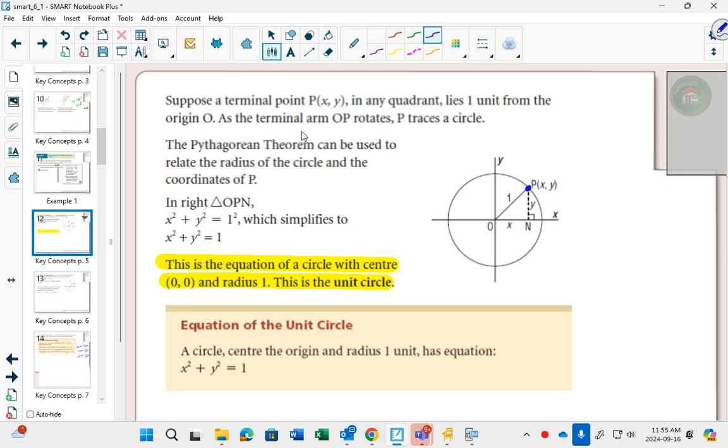If I take that point and I make a triangle back to the nearest x-axis with my reference angle, no matter where I pick it, I will make a right-angled triangle. The bottom of this right-angled triangle will be the same as my x-coordinate.